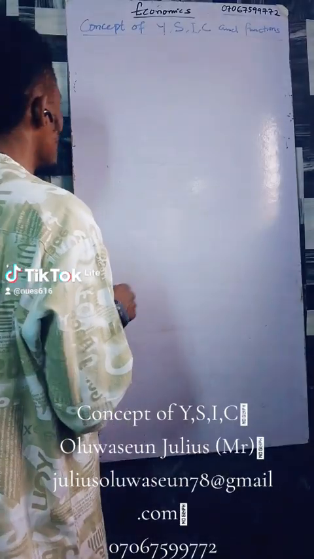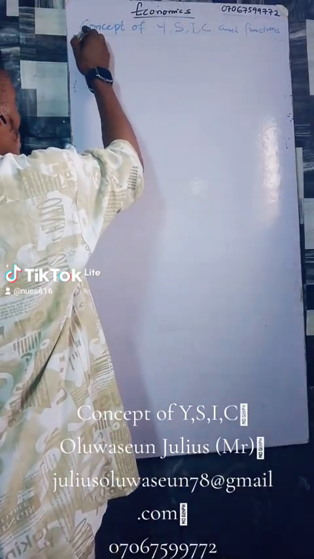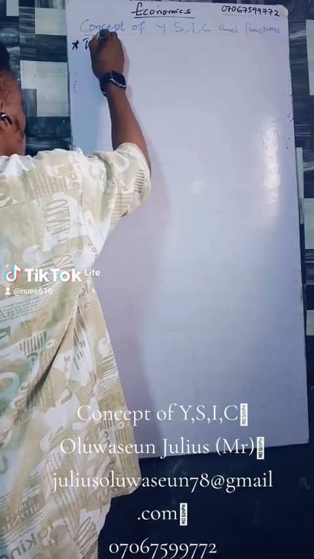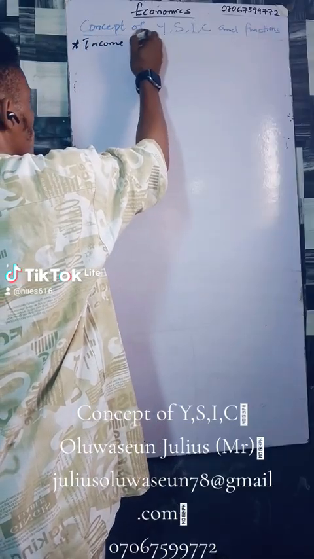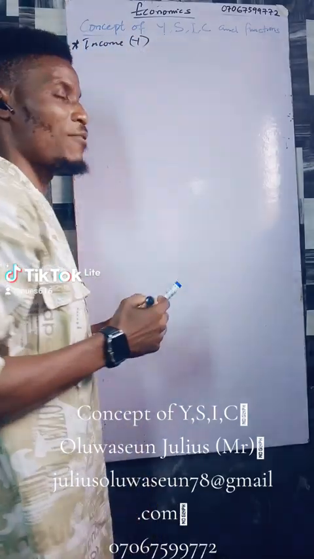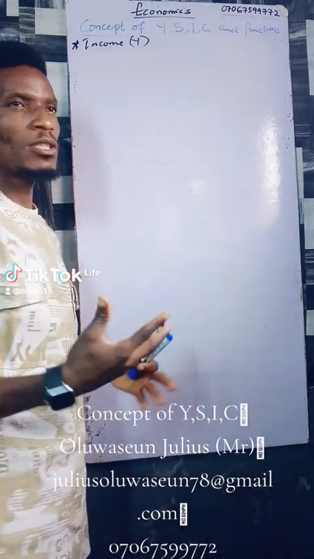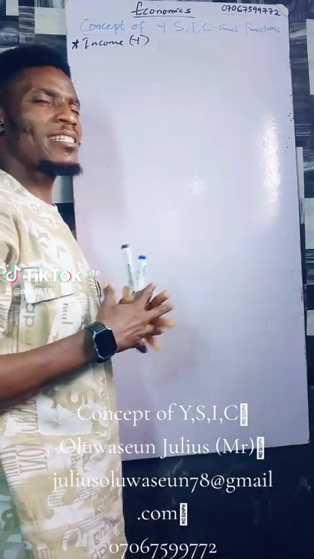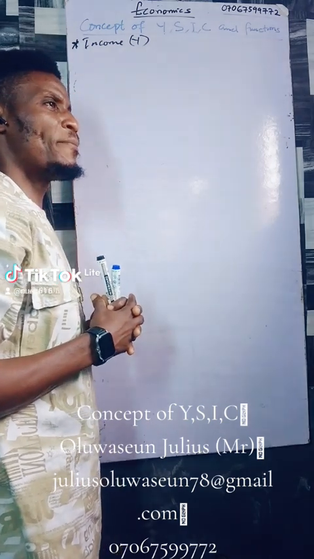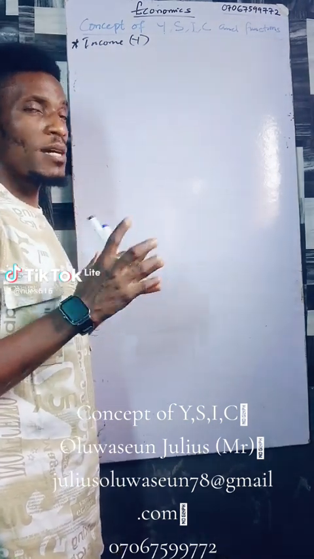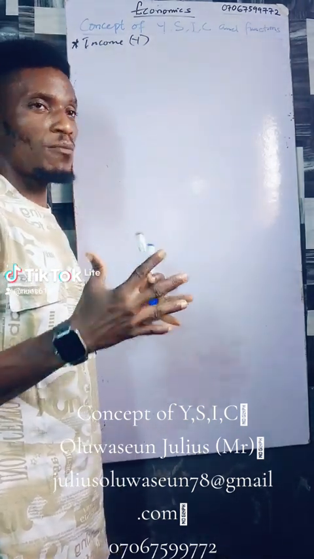Now, the first one is income. Number one is income, which we represent by the letter Y. Is that taken? This is the symbol for income. In some classes ago, I explained what is meant by income in my online economics class.